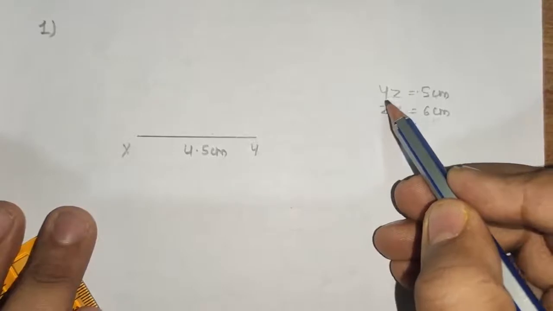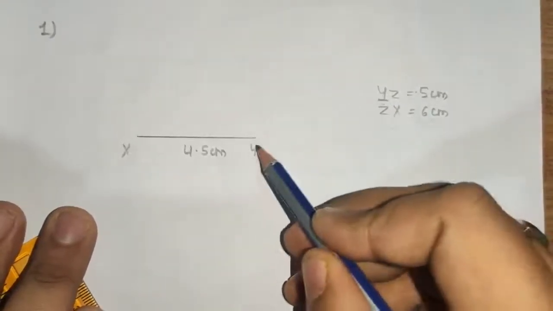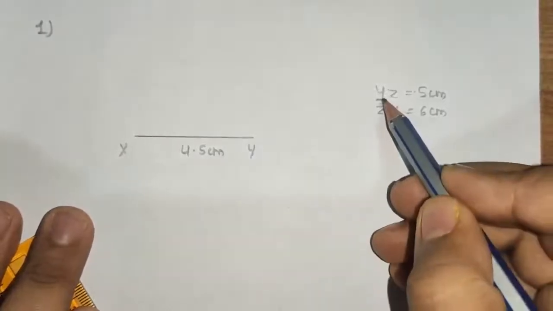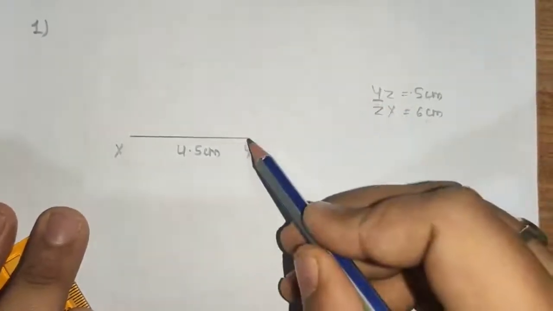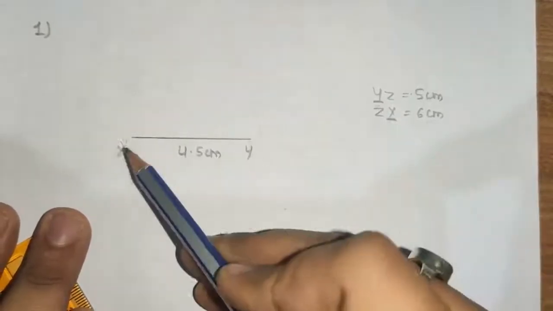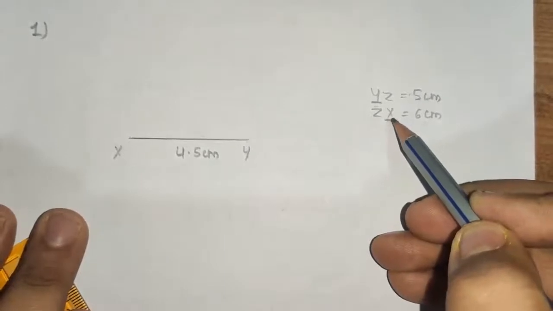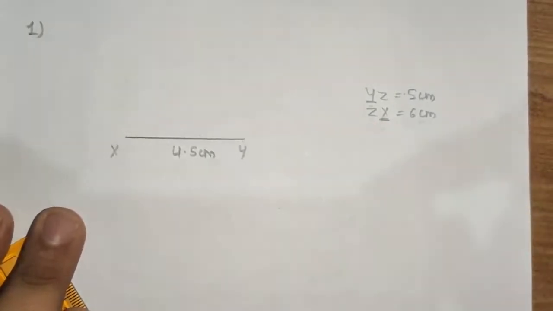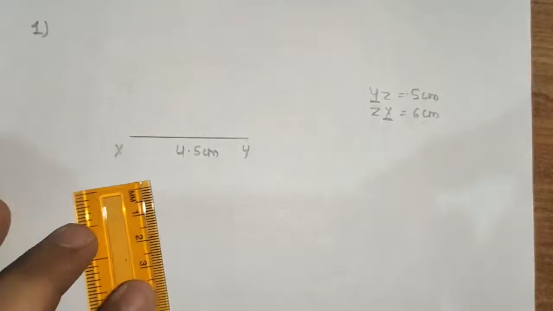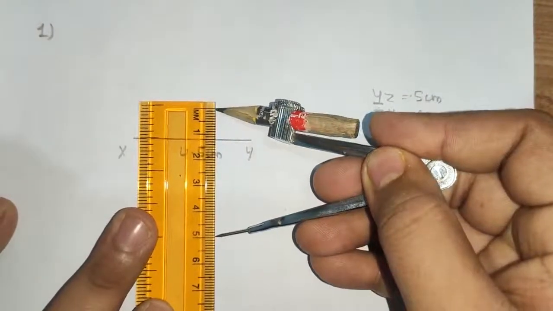Here you can see Y is on the line but Z is not on the line, so this YZ arc we will take from Y. In ZX you can see X is here but Z is not there, so we will draw this arc from X, 6 centimeter arc. Now YZ is 5 centimeter, so take 5 centimeter in your compass first.